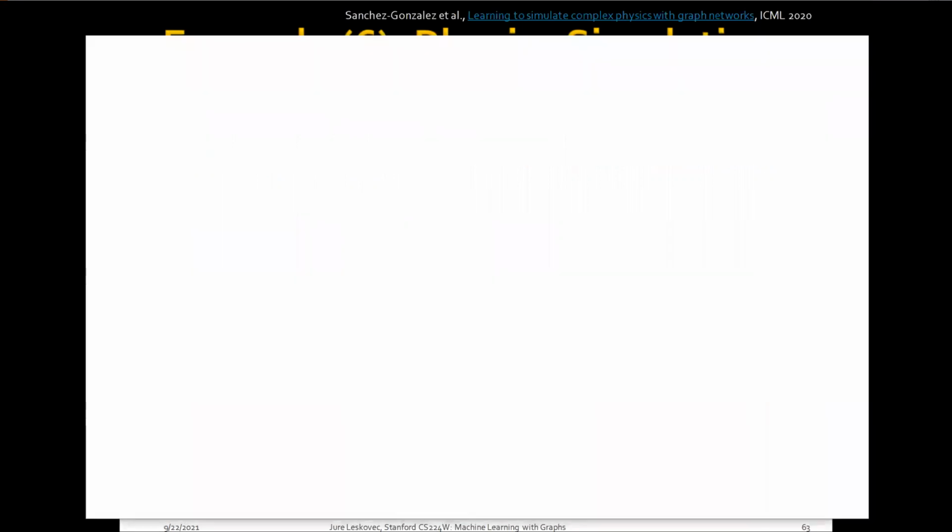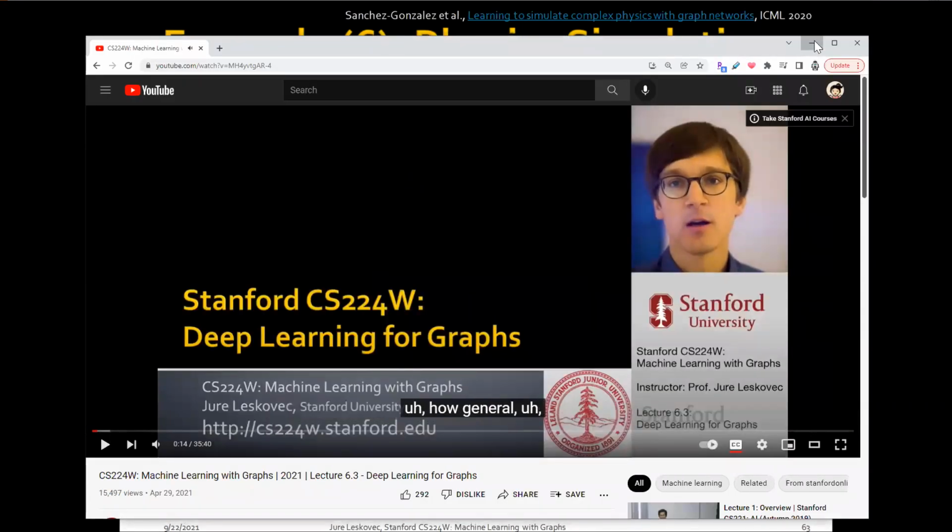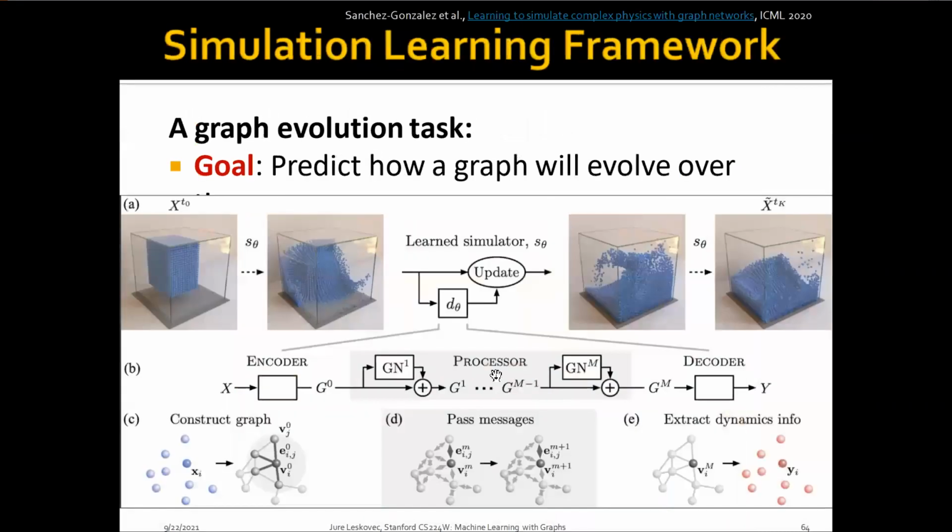Okay. So yeah, a graph evolution task is basically to predict how a graph will evolve over time. So as you see, this material or this mass is actually modeled by a graph of particles, right?